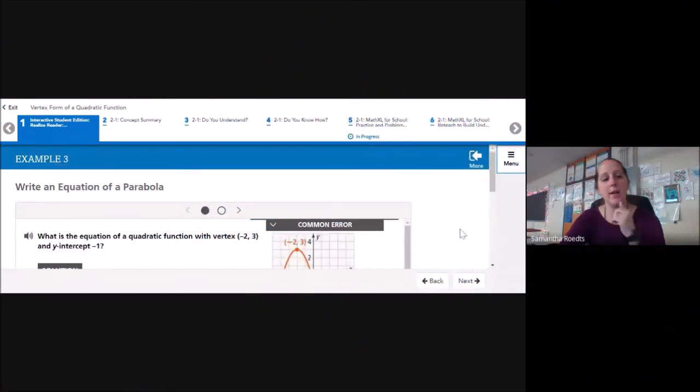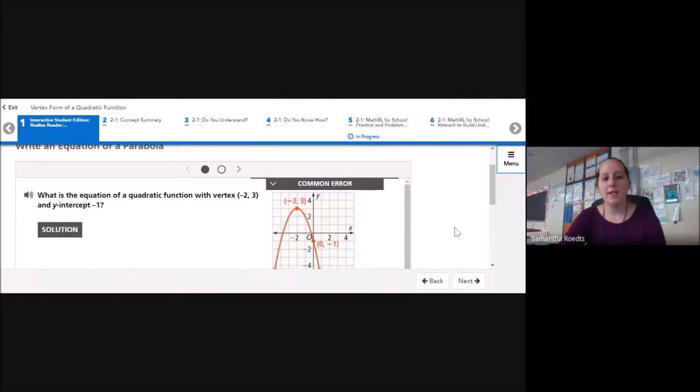All right, example number 3, write an equation of a parabola. What is the equation of a quadratic function with vertex (-2, 3) and a y-intercept of -1? So here's my vertex, (-2, 3). Here's my y-intercept at -1. I can write this quadratic function with the vertex and the y-intercept.